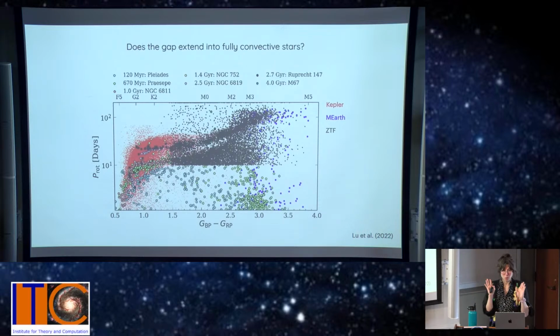But we can say with some degree of certainty that it would be a big coincidence if we find the gap disappears in the fully convective stars and it's not in some way connected to the fact that partially convective stars are spinning down with their core and envelope separately. So we think we've at least partially solved this mystery.